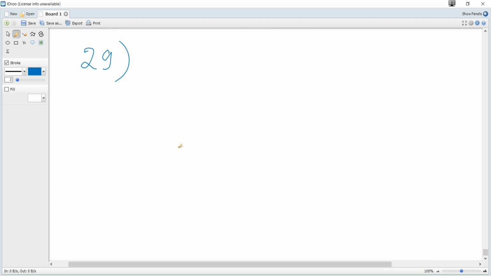29. Wind generator X has a maximum power output Px for a particular wind speed. For the same wind speed, wind generator Y has a maximum power output Py.